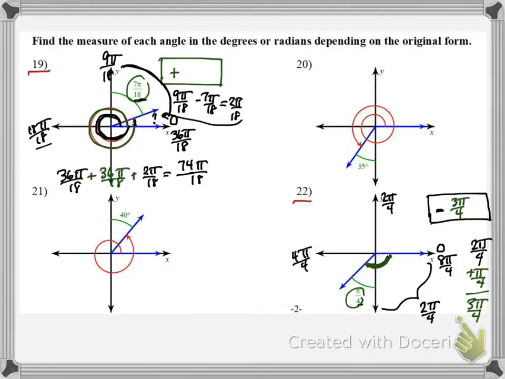But I do want to look at this and say what goes into 74 and 18. 2 goes in there, 9 and 37. Nothing else goes into there. So the total for this whole thing, and we remember that we started with saying that it's positive, so 37 pi over 18.